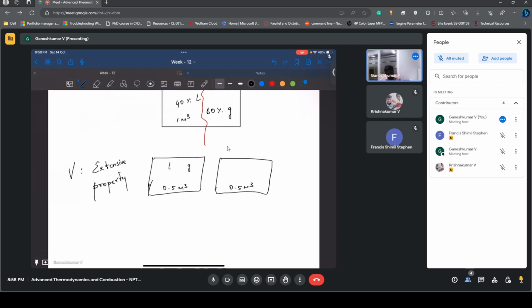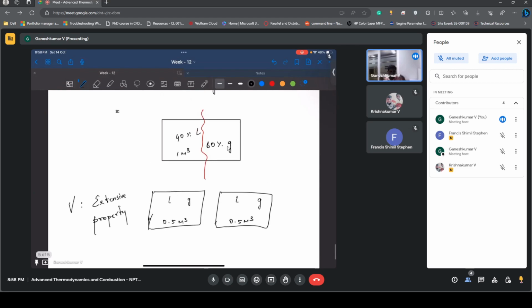Initially I had 40% liquid and 60% gas, and xg is simply 0.6 by 1, which is 0.6, right? Now how much would xg be here?